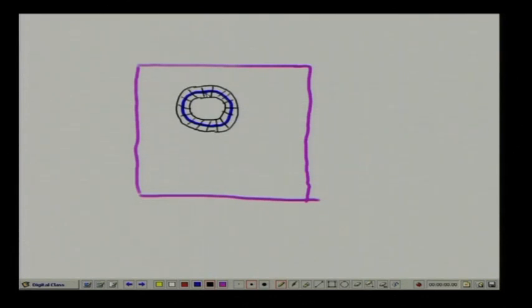And the second advantage is that the probability of a pixel belonging to the object and the probability of a pixel belonging to the background within this narrow strip are almost equal.